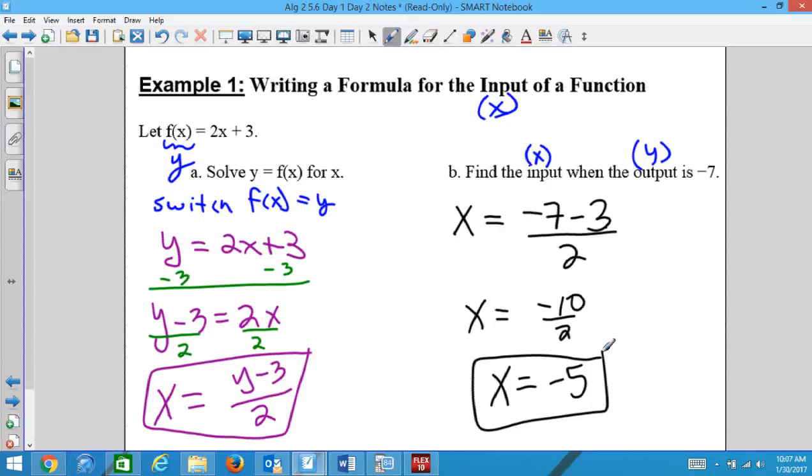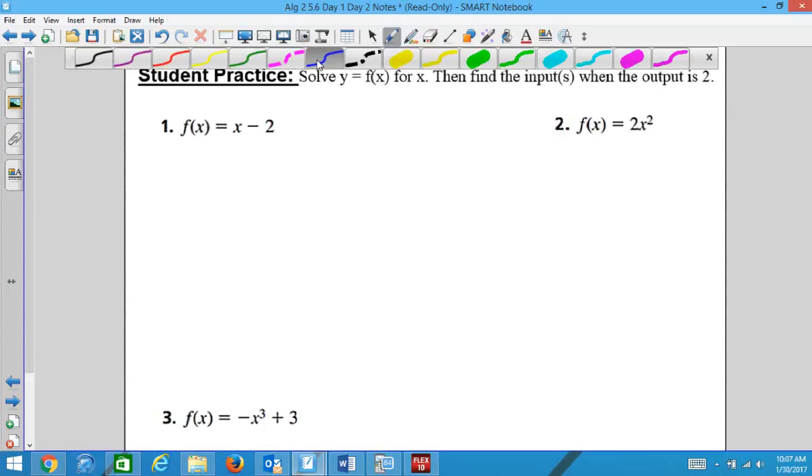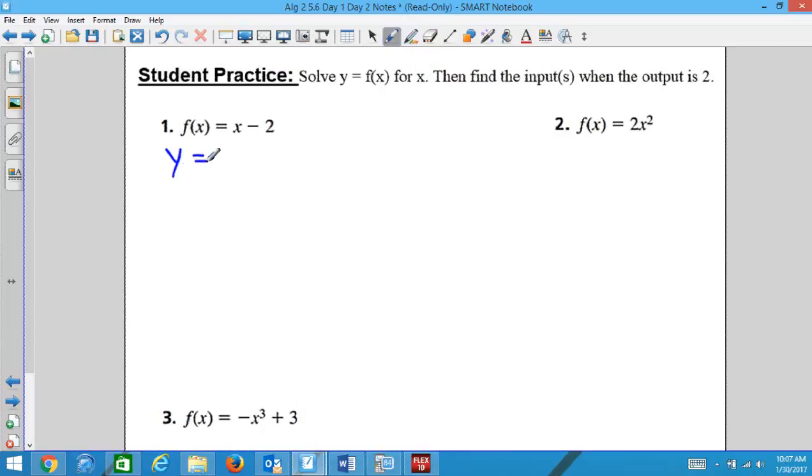So what is the first step? Make f of x into y. Then solve for x. Go ahead and look at number 1 in the student practice. Can you do part A? Can you solve for x? So my first step is make f of x just y equals x minus 2.